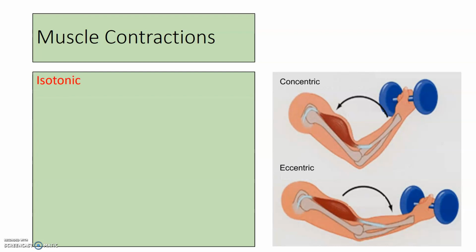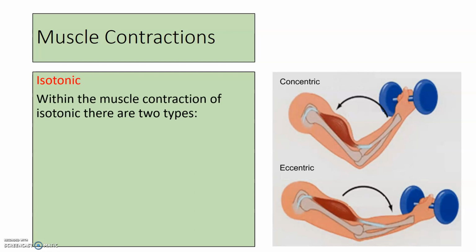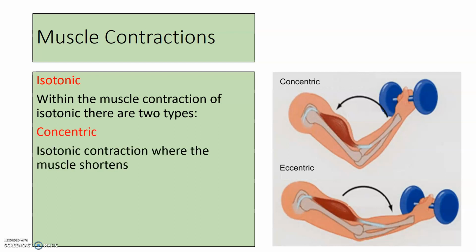Okay, and then looking back at isotonic, if we look back at that key concept of isotonic where there was movement, within this muscle contraction we need to know about two other specific types of contractions, and these are called concentric and eccentric. So when we look at concentric, within the isotonic contraction, this is where the muscle shortens. So remember, in that bicep curl, during the flexion phase, this would be an example of the bicep being in the concentric phase because the muscle is shortening in length.